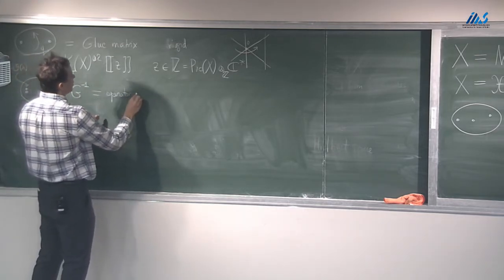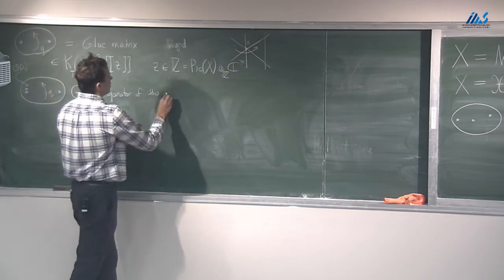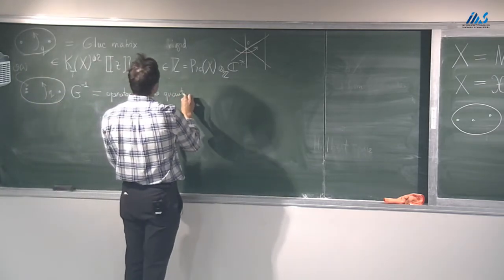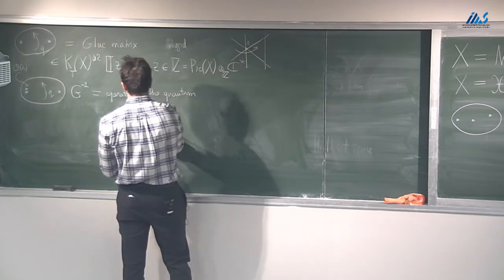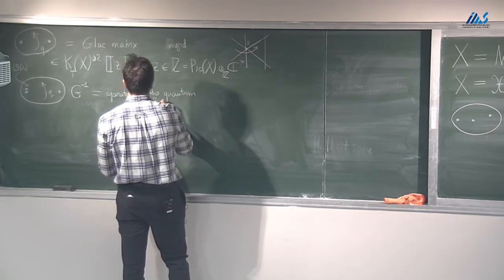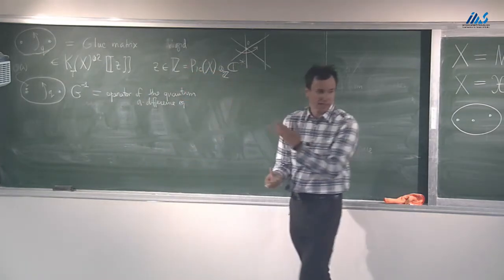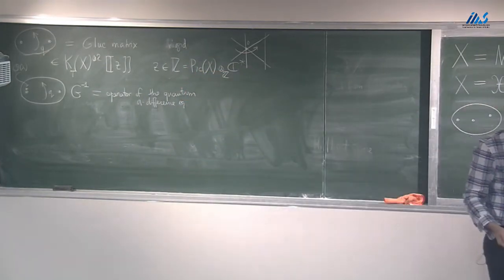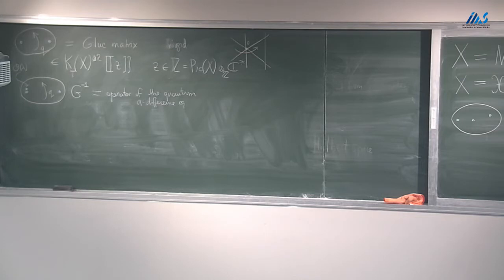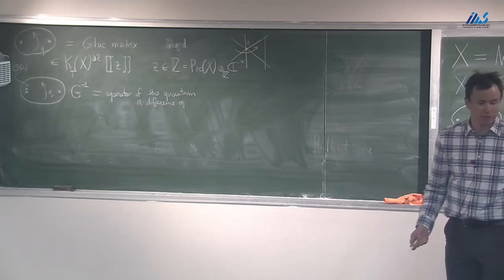This is the operator of the quantum difference equation. Even a line bundle is just a character of your group G. This is the operator of the quantum Q difference equation, right?